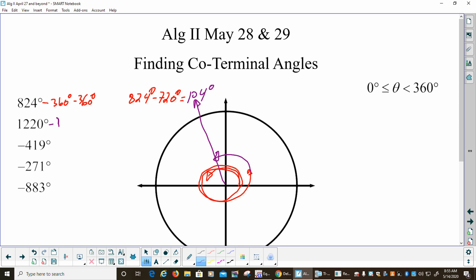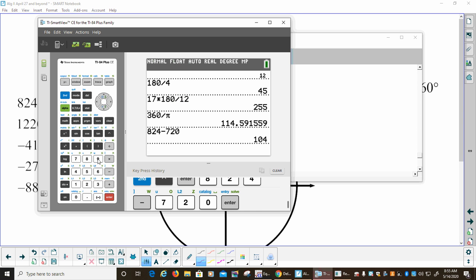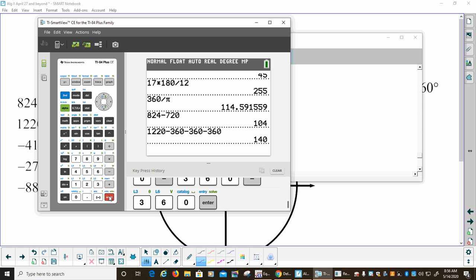1220 minus 360, minus 360, and do it again, minus 360, 140 degrees.